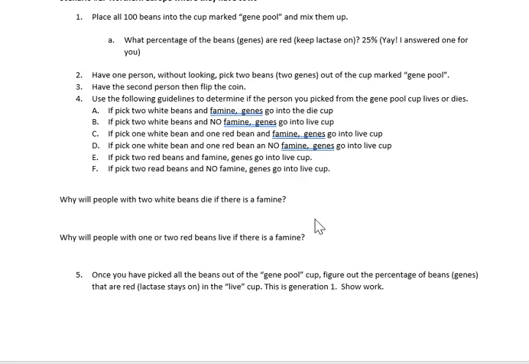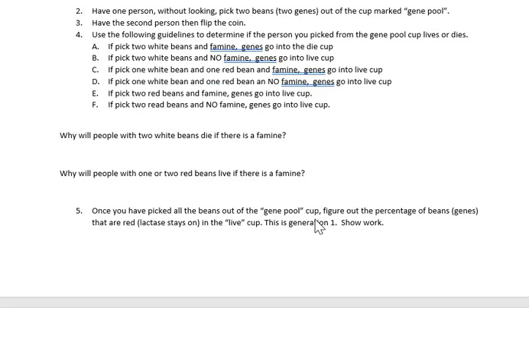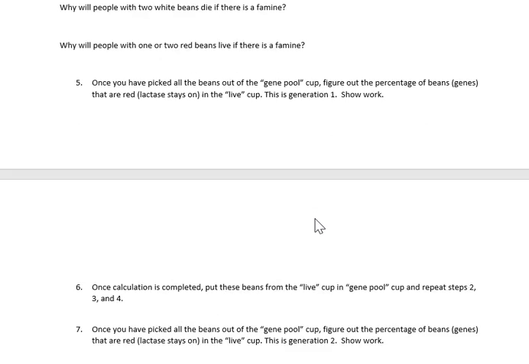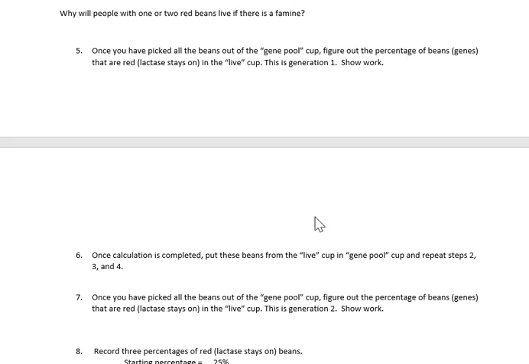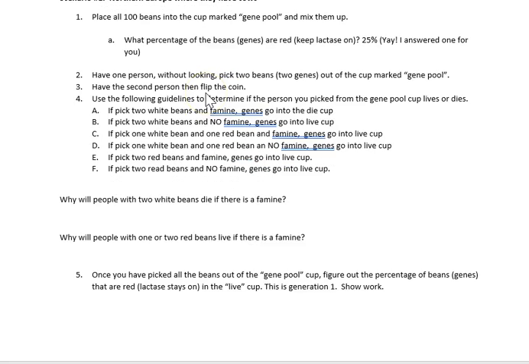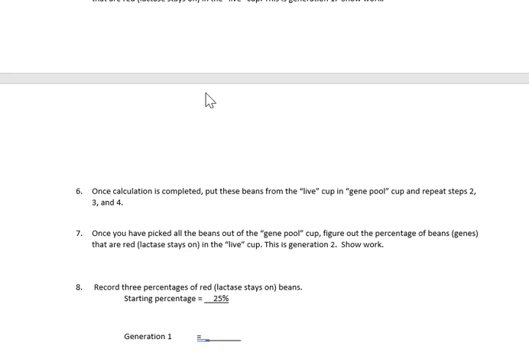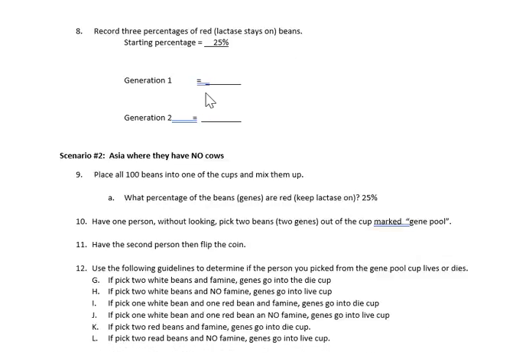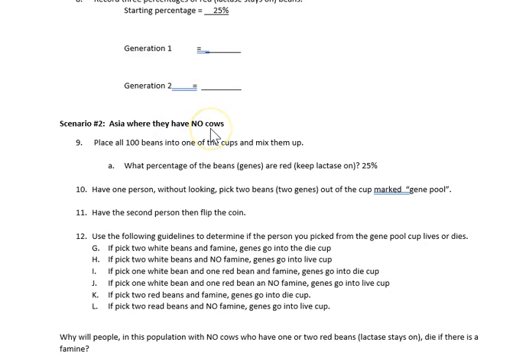You're going to go through two generations of people, and you're going to record the percentages. Let me back up a little: the first time through this, you're going to be doing this in an area of Northern Europe where there are cows, which after watching the video, that should make sense. Then you're going to do it the second time where you're now in Asia where they have no cows. So there can be a difference in what occurs.